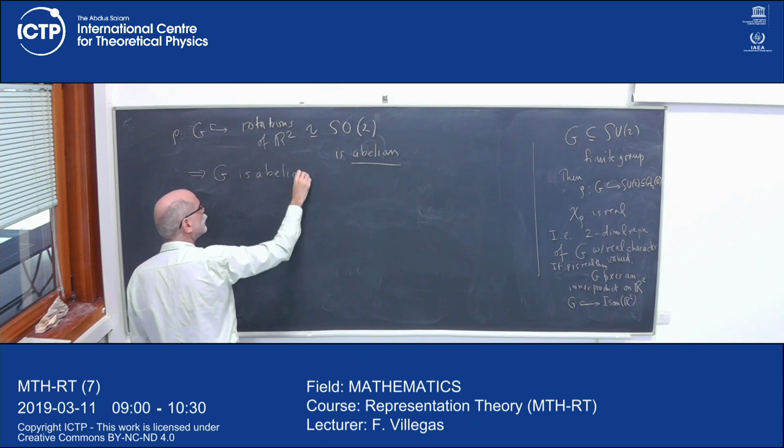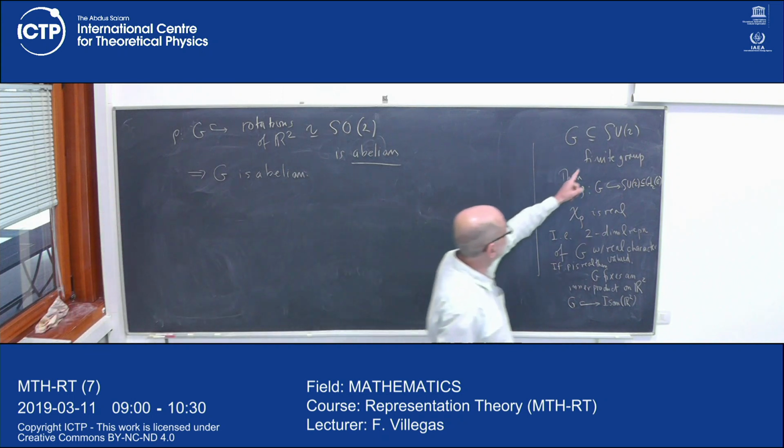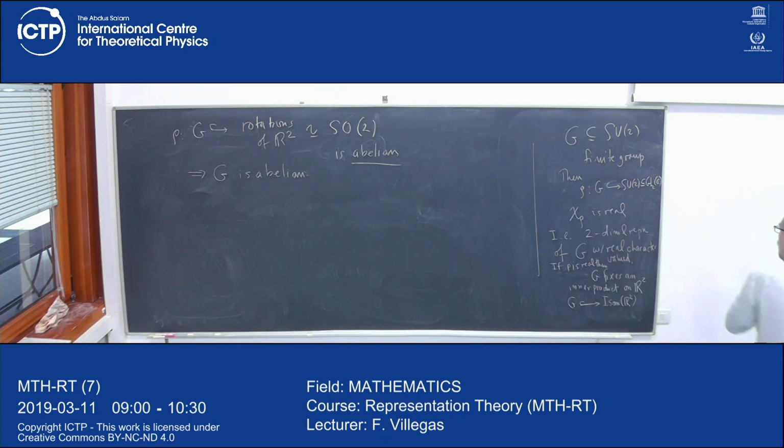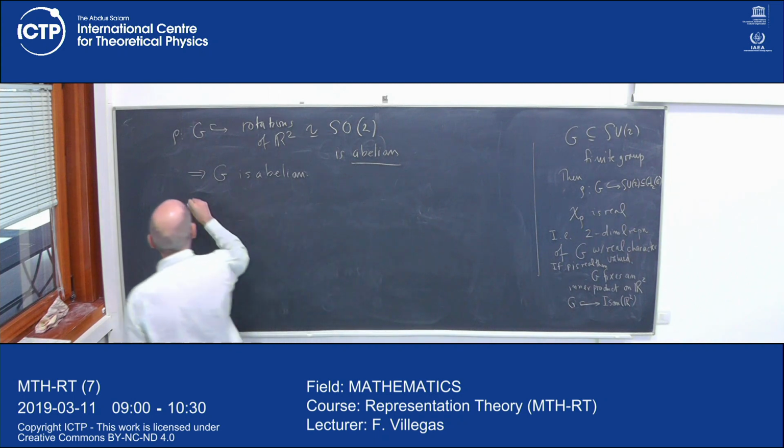So the conclusion is that if we have a finite subgroup of SU2 that is not abelian, then the representation that arises from this inclusion into SU2 cannot be real.